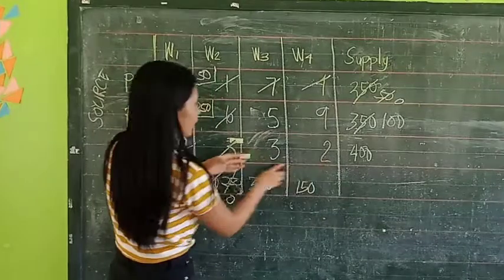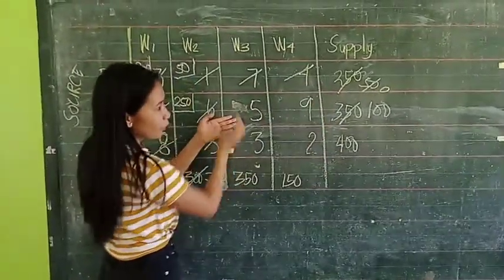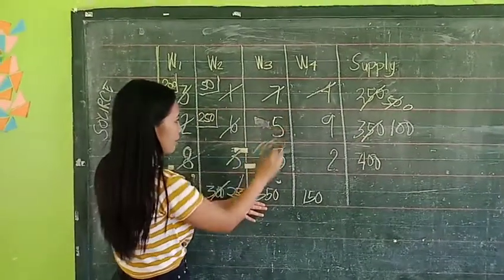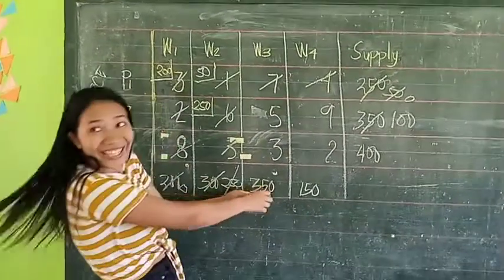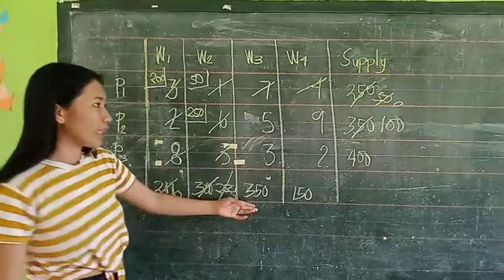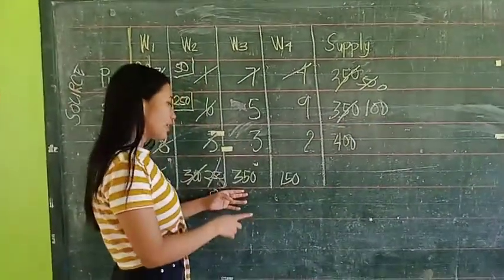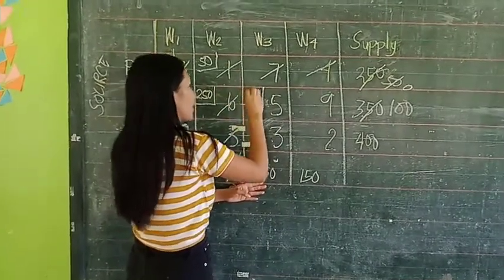In this area, they are empty. Next, the demand is 350 and the supply is 100. So 100 is less than the demand, so I will allocate 100 here.